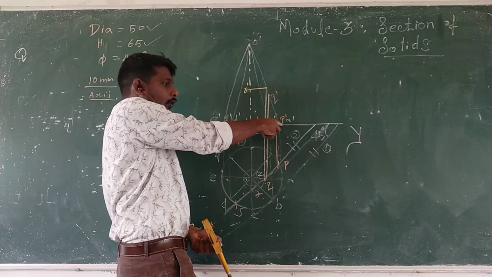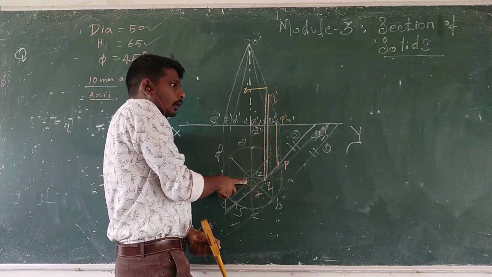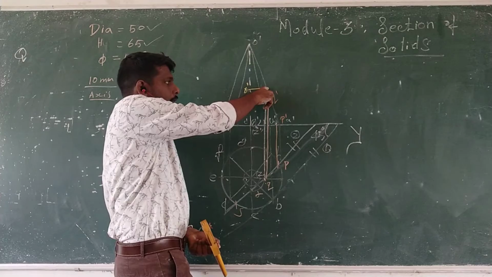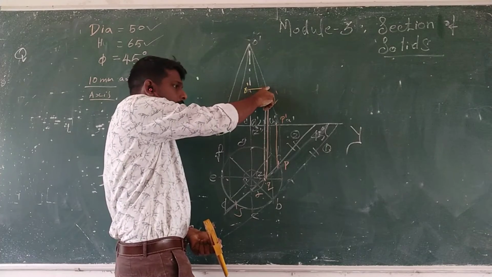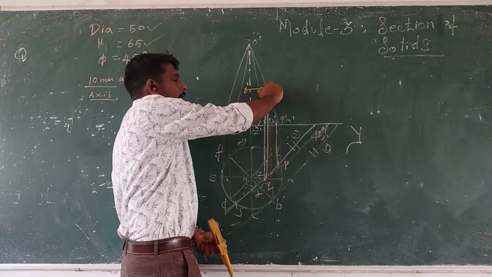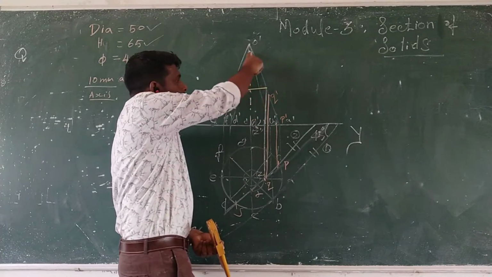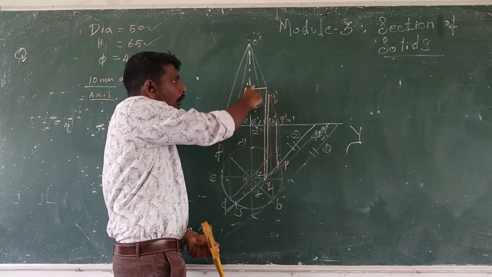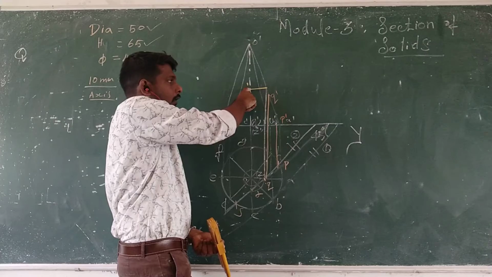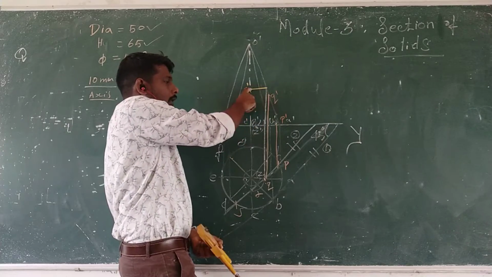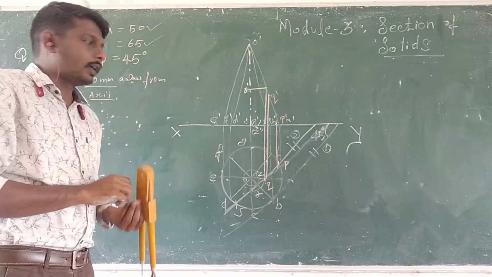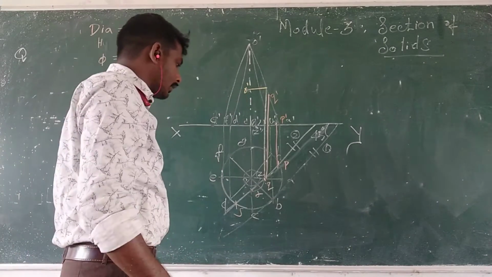Here A dash O dash is in true length because it is parallel to VP. Then project the particular point. Then we can draw the actual point in the front view by drawing a horizontal line, which is parallel to XY line, to that line. Clear? That's how the R dash is found out.